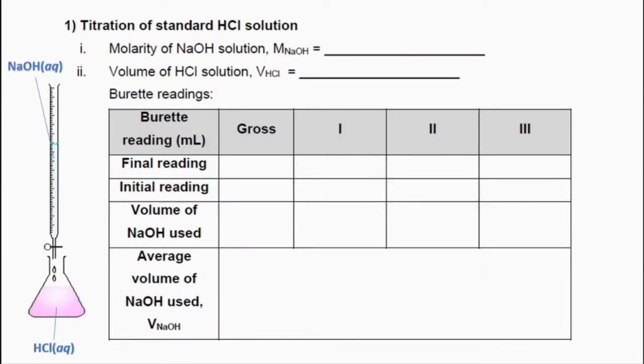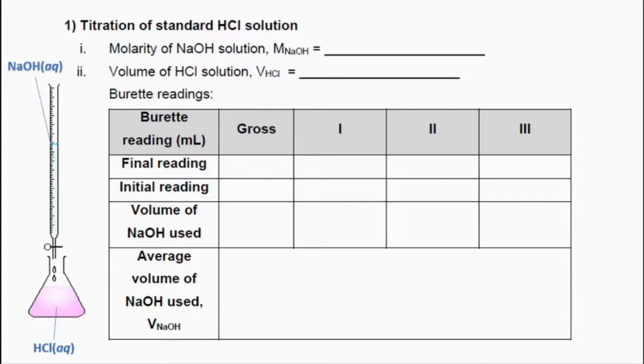Let's start with the first part of your experiment, titration of standard hydrochloric acid solution, where you were trying to standardize this hydrochloric acid solution using sodium hydroxide solution.